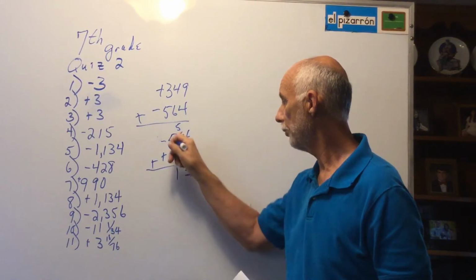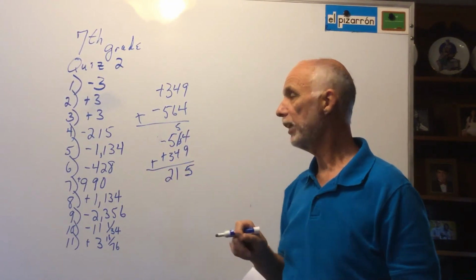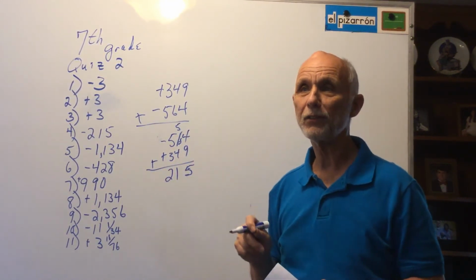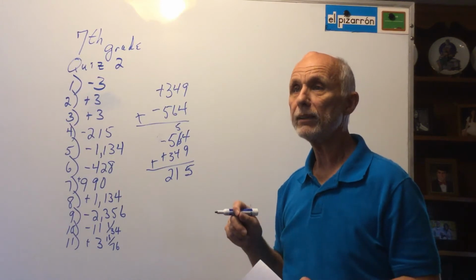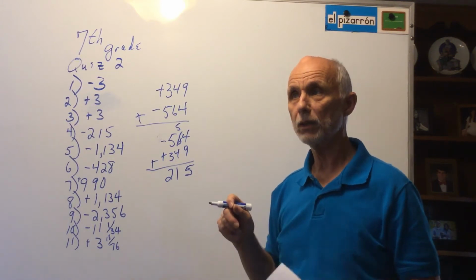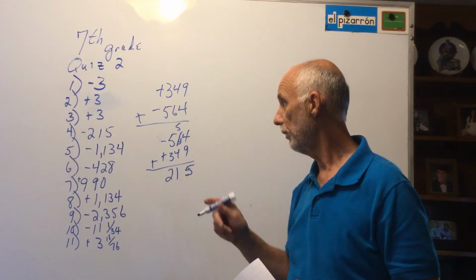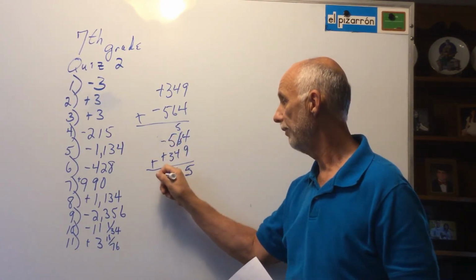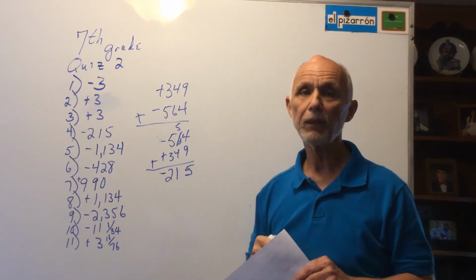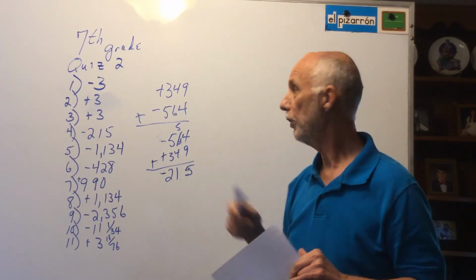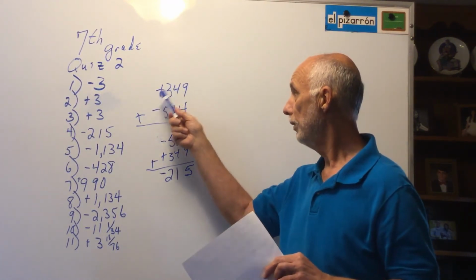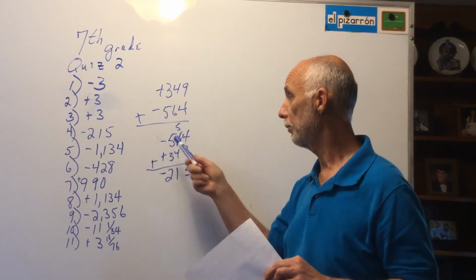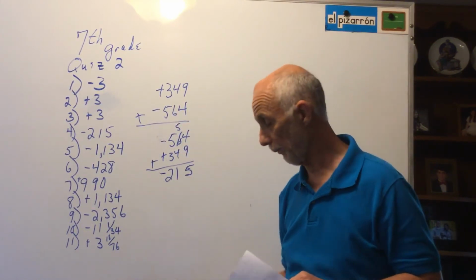And 5 minus 3 is 2. So your answer is 215, but then you have to figure out the sign. You take the sign of the larger amount, not the larger number, the larger amount. And 564 is the larger amount, and it's negative, so your answer is a negative 215. So again, when you're adding, you have a different sign, subtract and take the sign of the larger amount.